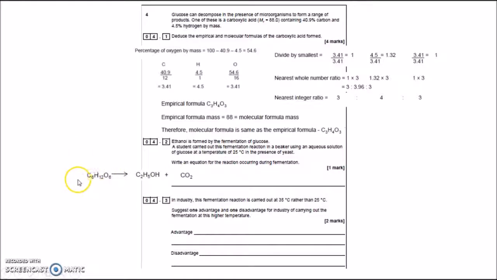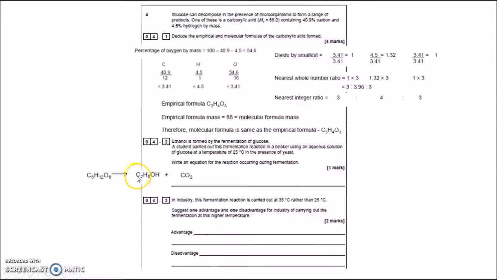The next part is that you've got to balance it. So what have I got in here? Well, the first thing I would look at is that the ethanol is the only product with H's in it. The CO2 doesn't have H's. So how many H's have I got in my ethanol? I've got 5 and 1 is 6, and I've got 12 H's in the glucose. So there's got to be a 2 in front of the ethanol, because 2 multiplied by 5 is 10, and 2 ones are 2 to make the 12.